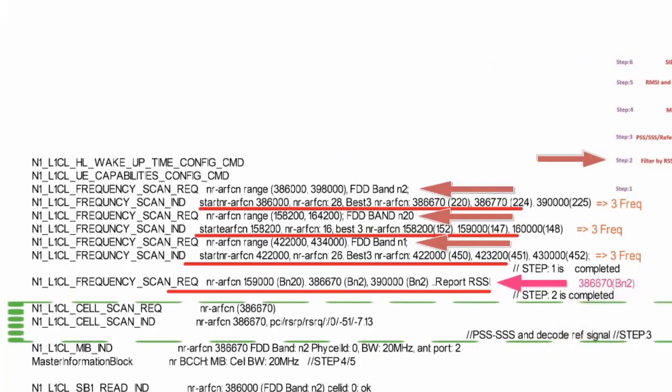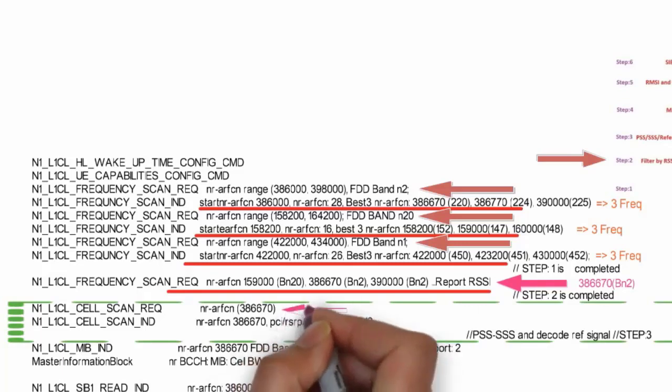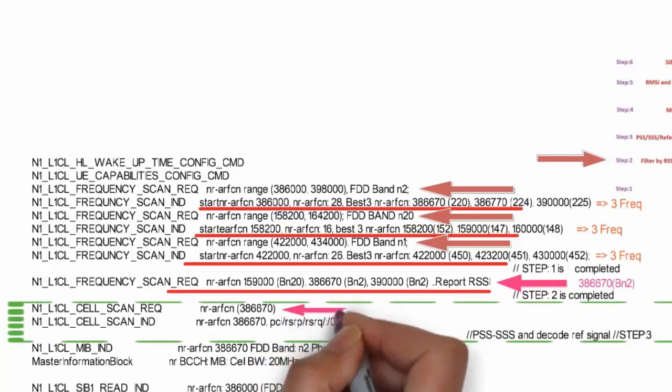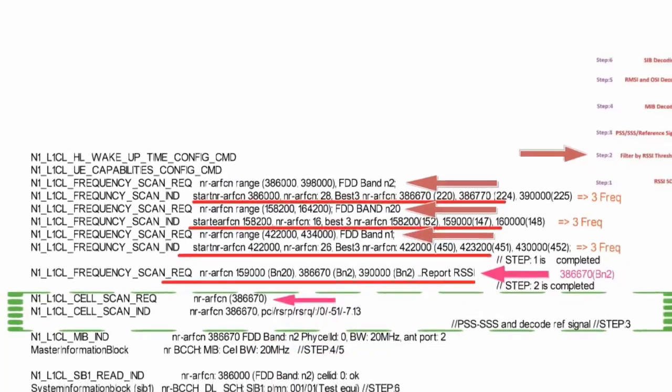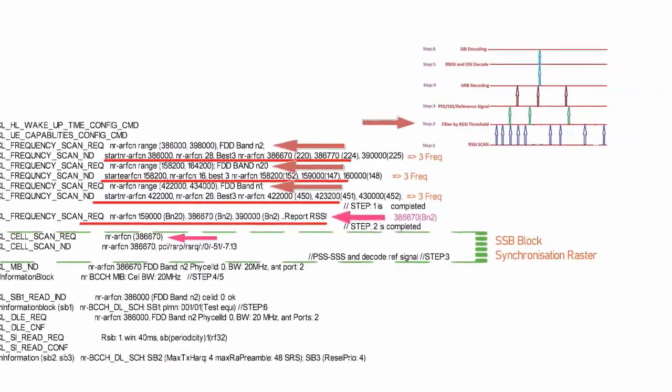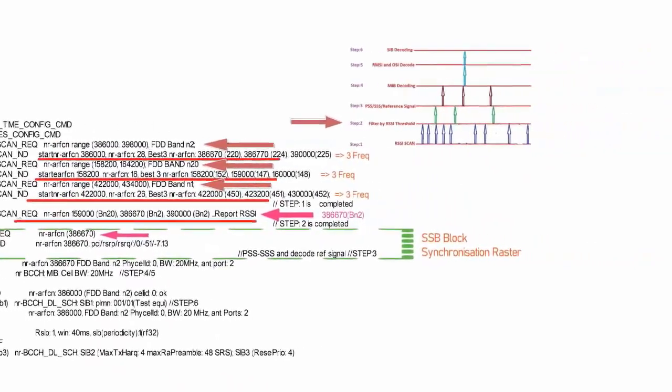So you will scan NR ARFCN 386670 and will try to get a suitable SSB. Keep in your mind SSB and synchronization raster.